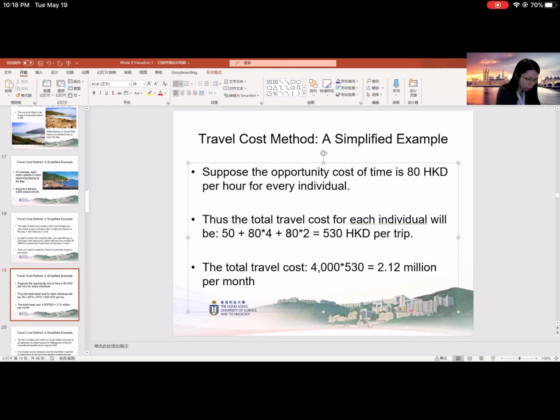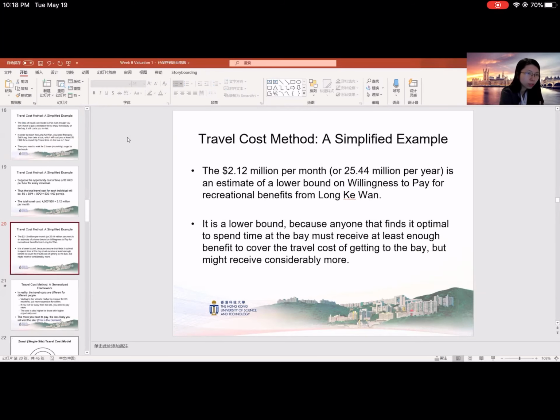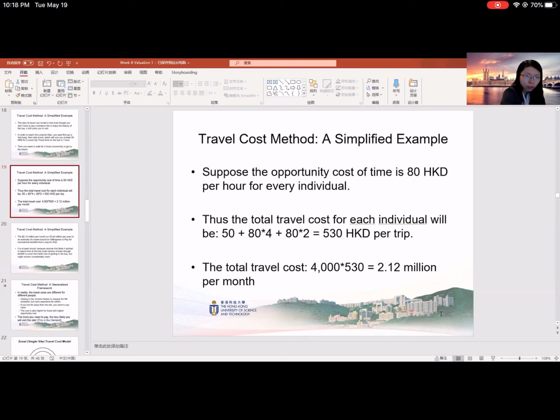The total travel cost would be 2 million per year. And the total valuation we can infer from these people, suppose 4,000 is monthly visits, is at least or at most 2.12 million.